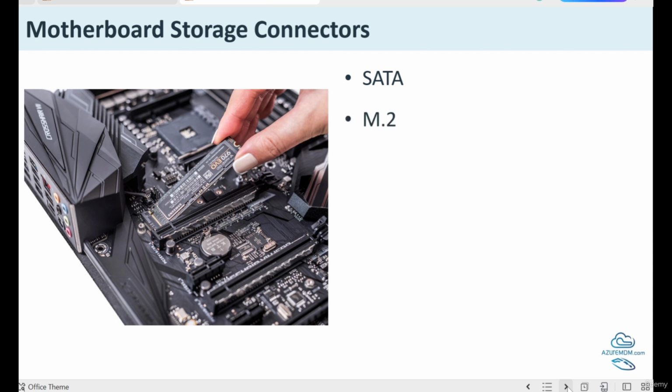It's a tiny stick-like slot for super fast solid state drives. No cable is needed in this. It is much quicker than SATA. The speed is 7000 MB per second, that is 7000 megabytes per second. Now let's talk about eSATA. The eSATA is a SATA port on the outside of a PC for connecting external hard drives.